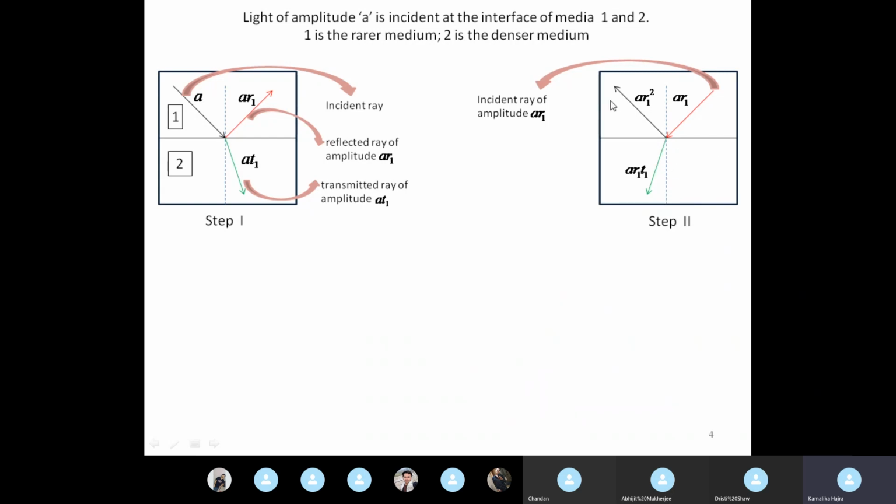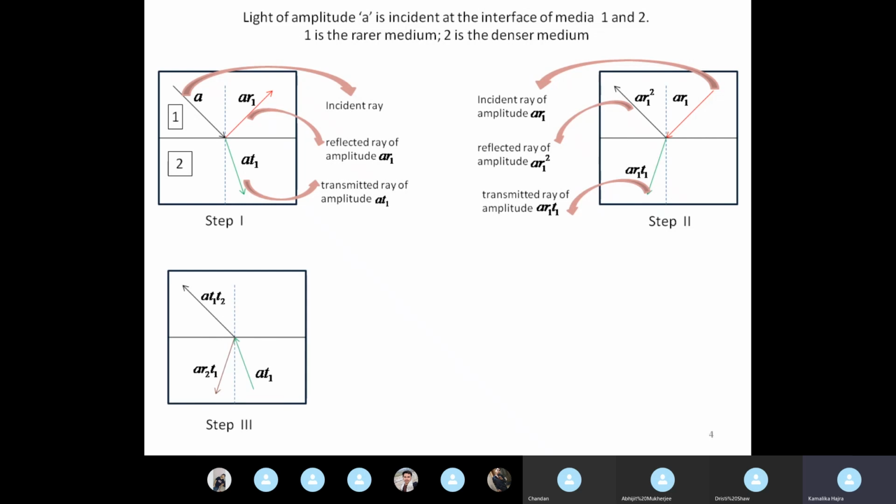What will be the reflected ray? Of amplitude AR1 multiplied by R1, same media, so AR1 square. And what will be the transmitted ray? T1 fraction of AR1, so AR1 T1. So now the reflected ray has amplitude AR1 square and the transmitted ray has amplitude AR1 T1. Clear? Okay.